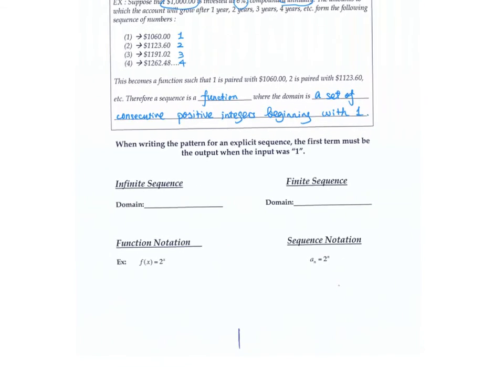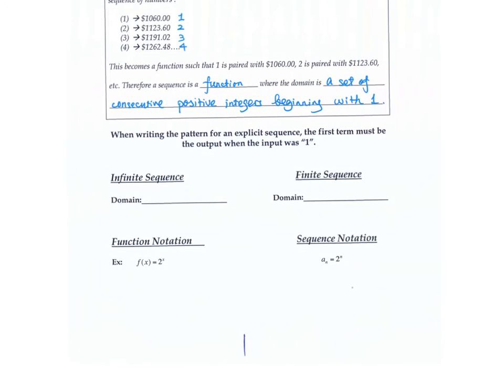So let's look at the second half of the first page. Quick review of infinite. Infinite is exactly what it means. It means there's no end to it. So the domain is all sorts of integers, 1, 2, 3, 4, and so on and so forth. We use these 3 dots to represent that it doesn't end.